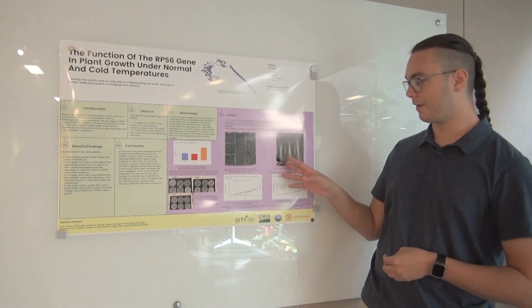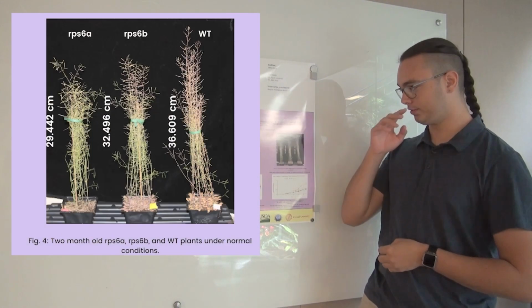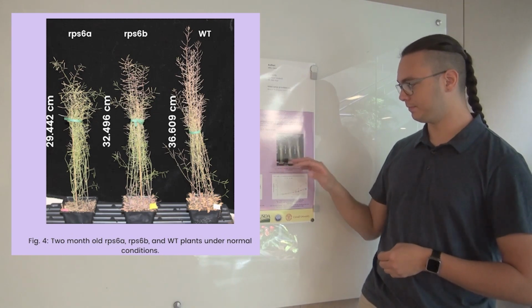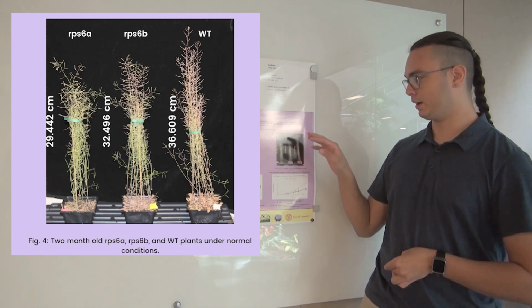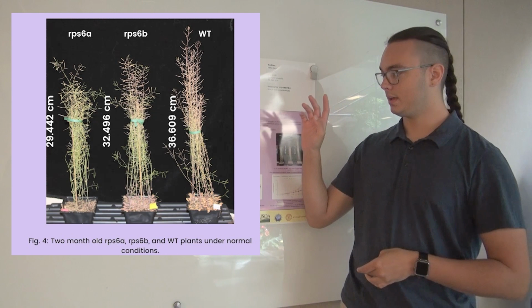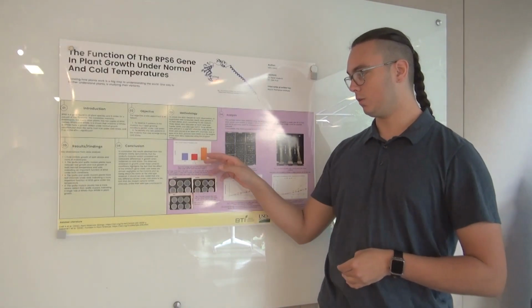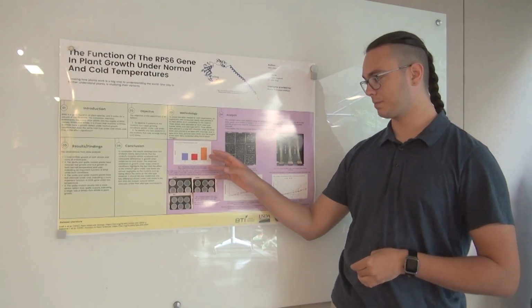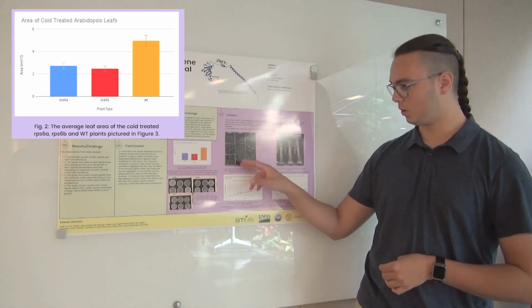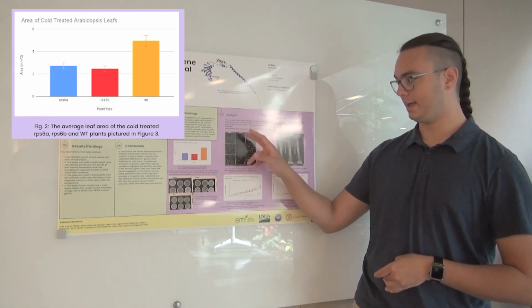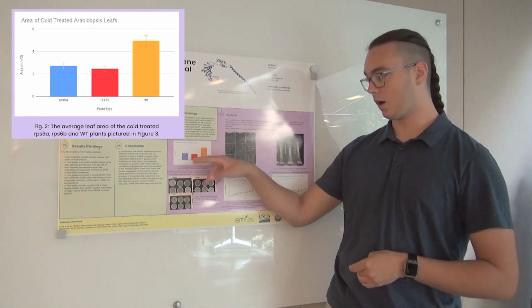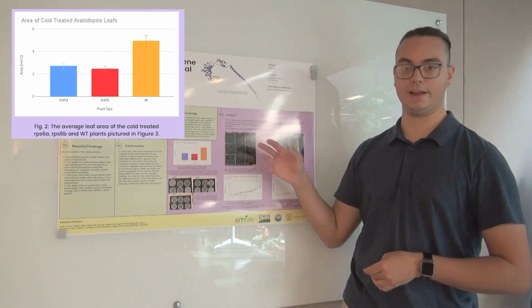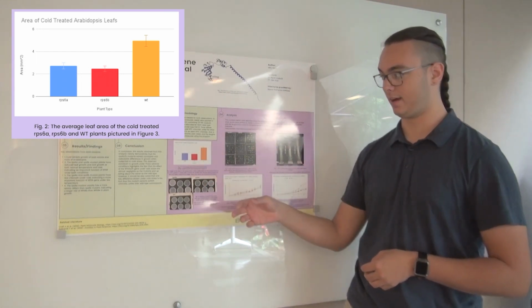You can see that as well here in the 2-month-old RPS6 and wild type variants, where it goes A, B, wild type. However, interestingly, although it's a very small difference, with the leaf area of the cold stress RPS6 A and B, they are smaller than the wild type, meaning that there is some sort of significant difference there.